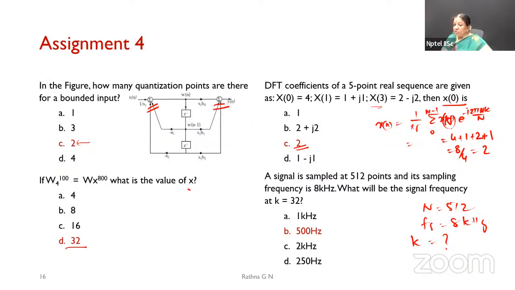So which has to be 500 hertz. So if you apply this, K is equal to N by Fs, that is 512 by your 8K. What is it?